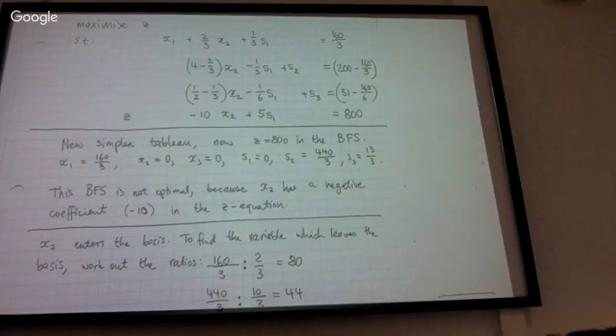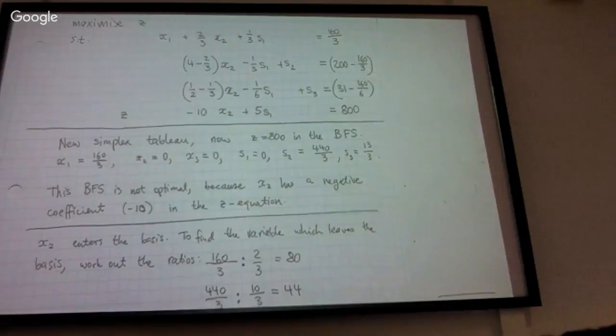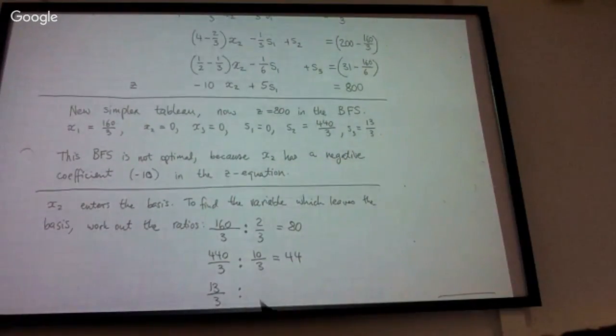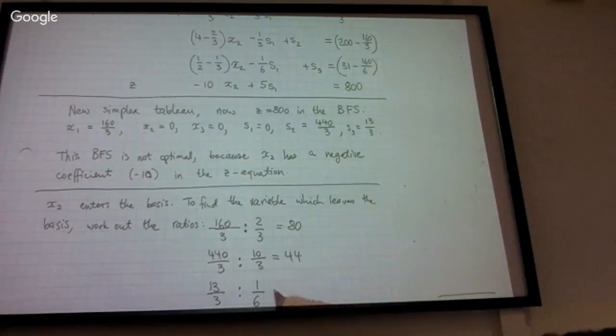And the last one is 13/3 divided by, something like, oh, 1/6. And that is 26.